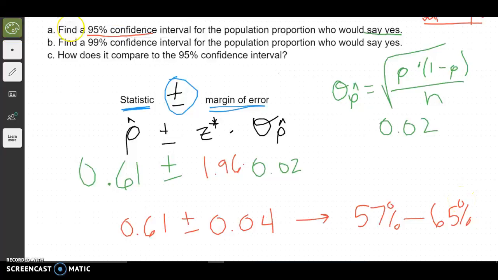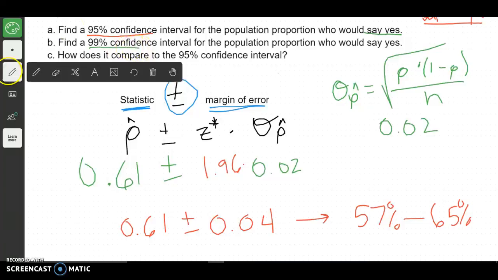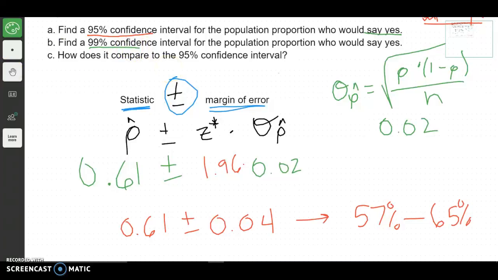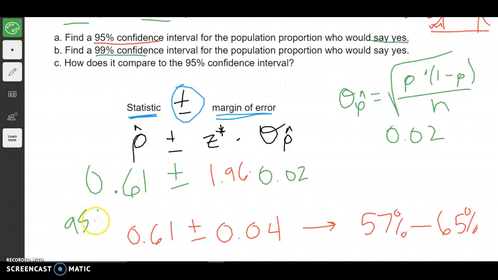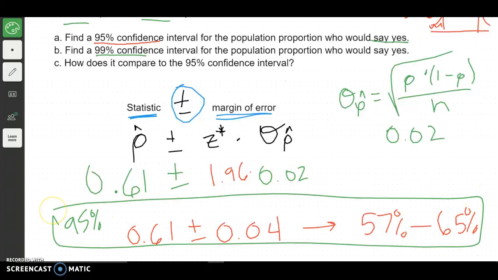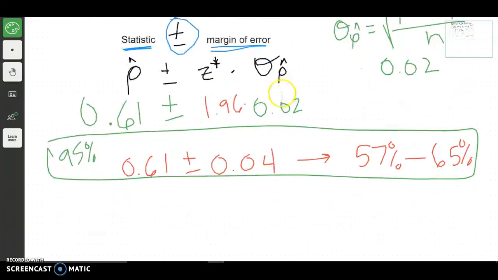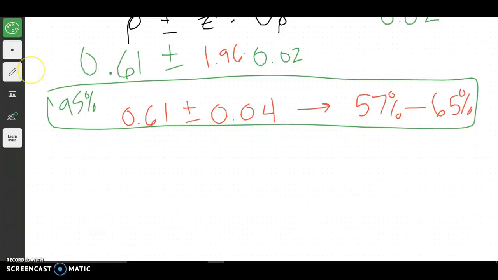Now let's do the same thing for a confidence level of 99%. So this was for our 95%. Let's do the exact same thing, but for 99%. Everything would remain the same. It wouldn't change my statistic or my standard deviation.